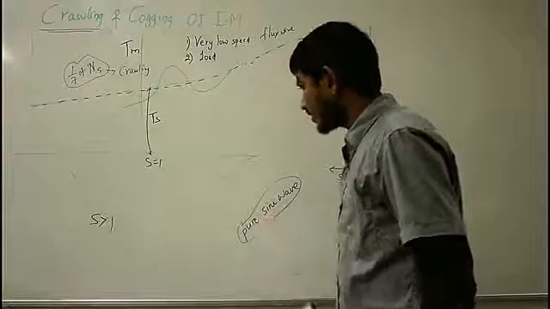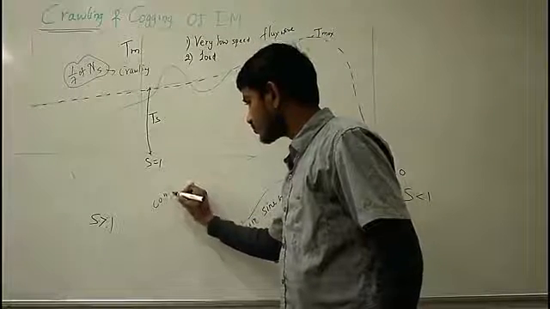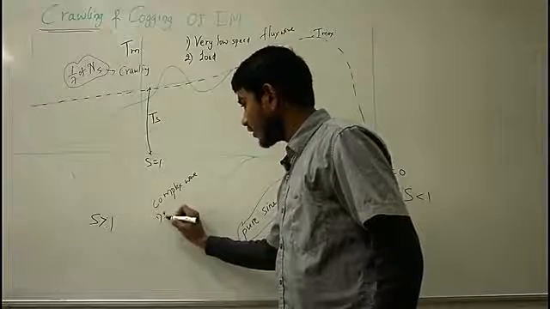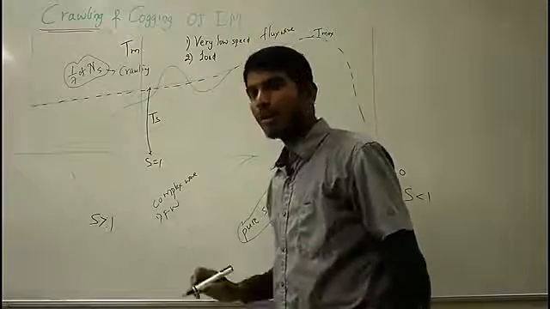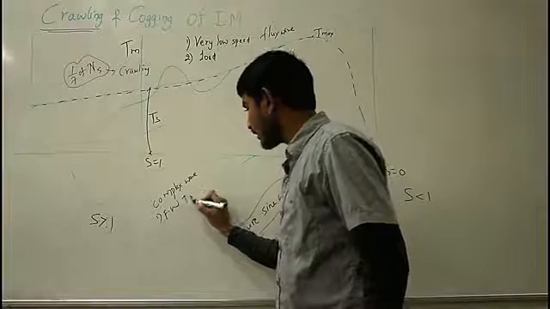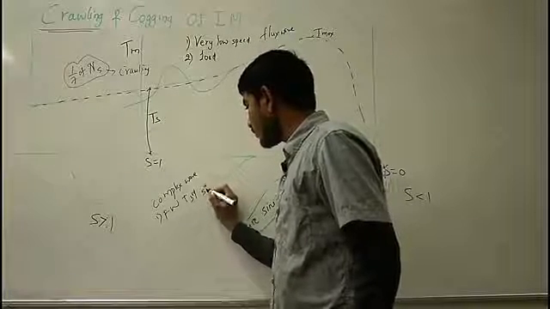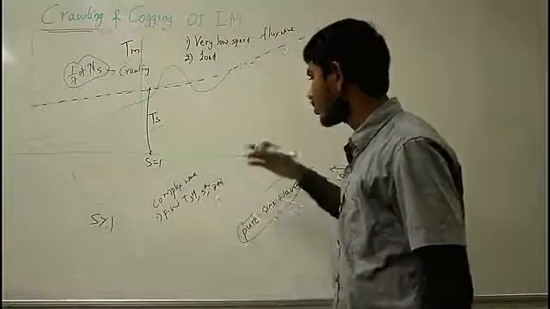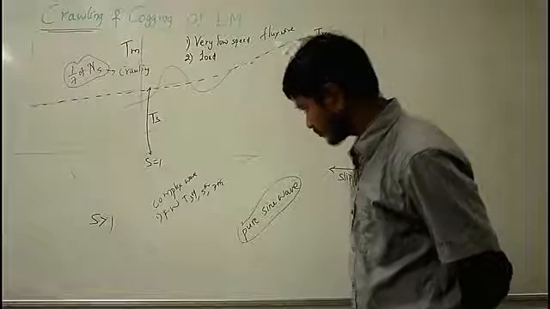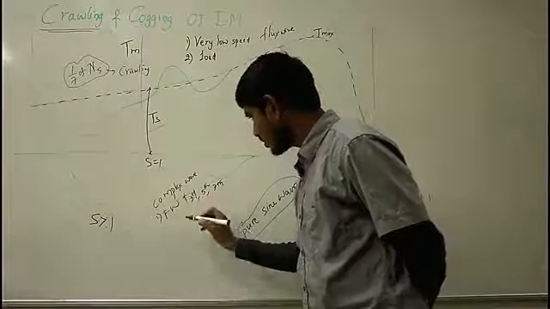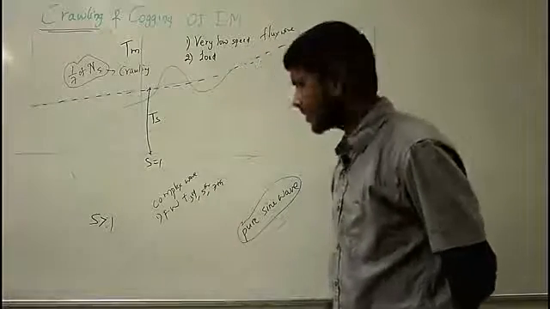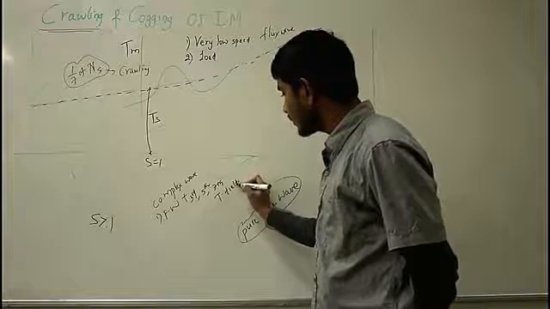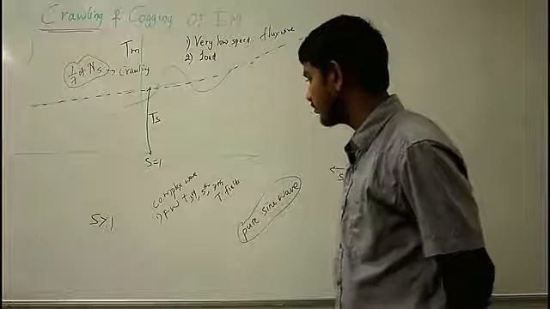Instead it is a complex wave, consisting of the fundamental wave and odd harmonics like third order harmonics, fifth order harmonics, and seventh order harmonics, neglecting the higher order harmonics. The odd harmonics will create additional torque fields, which may be either forward rotating fields or backward rotating fields.